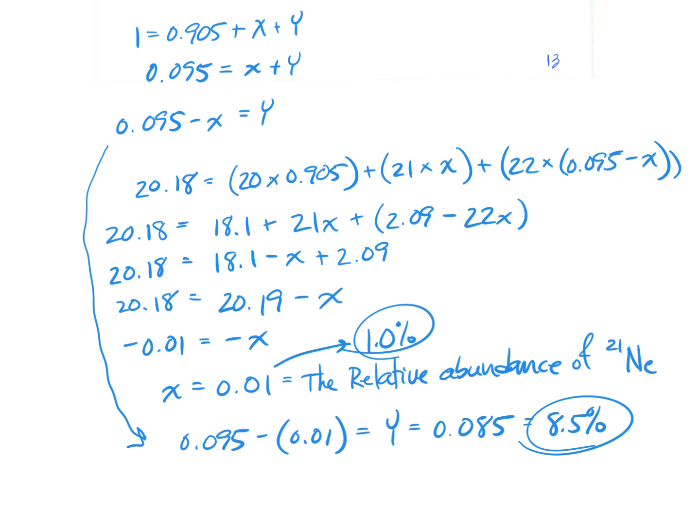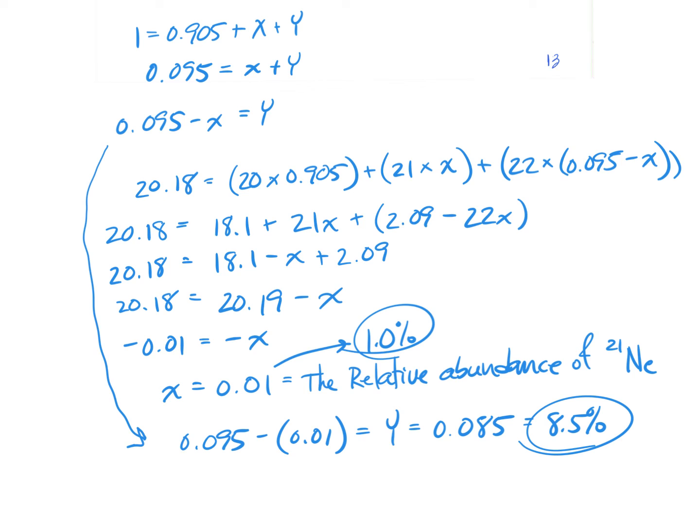And now let's simplify this equation. All right, so I did all the work here, and I really would leave it up to you to follow the algebra that I did here. Really, I came out with an X value for neon 21. X is the relative abundance of neon 21.